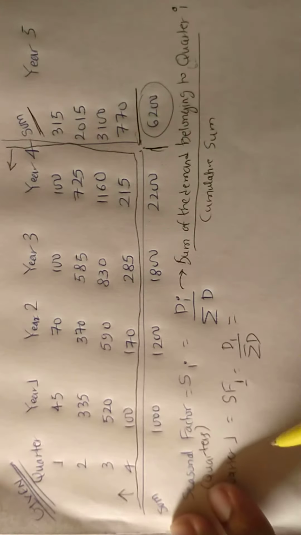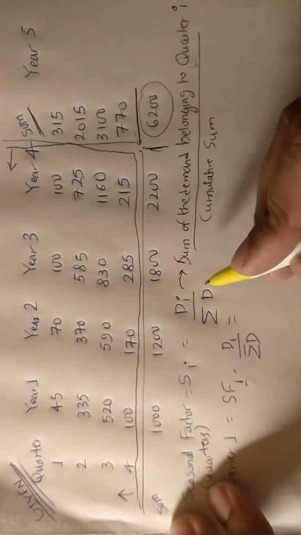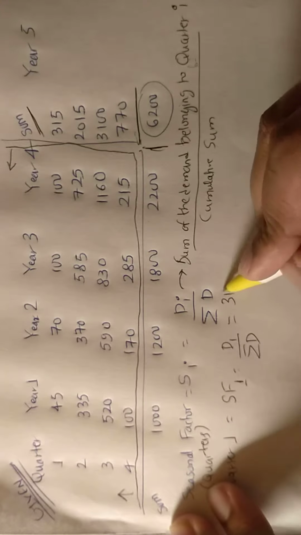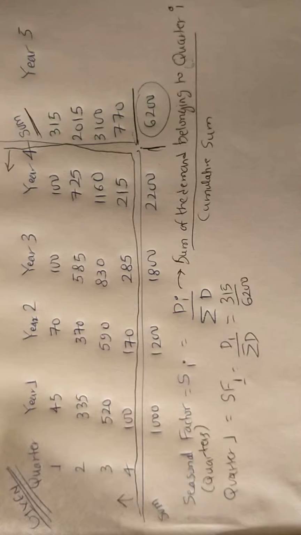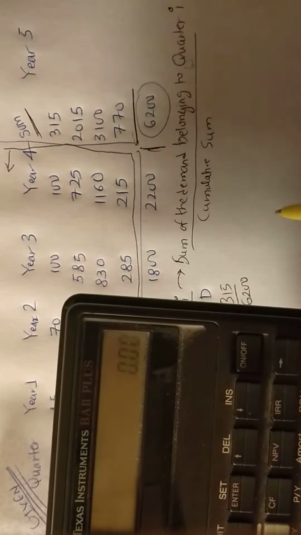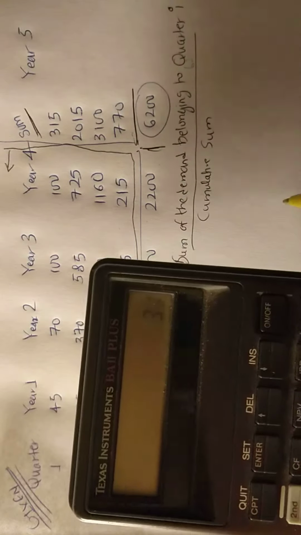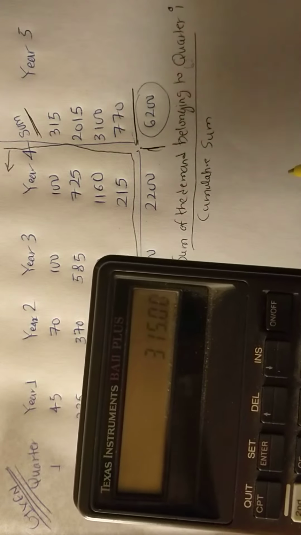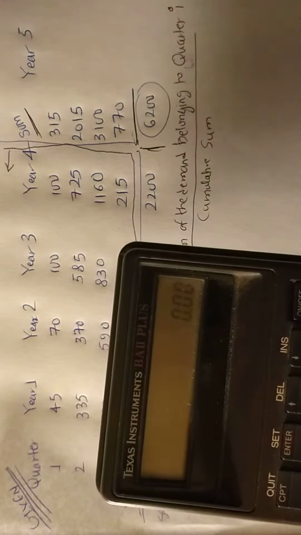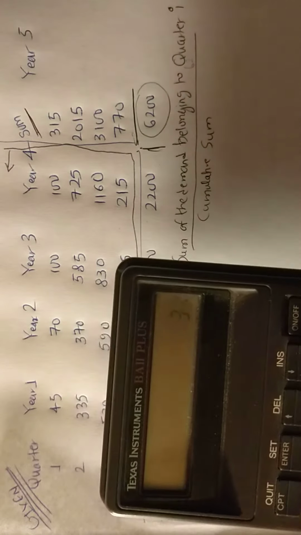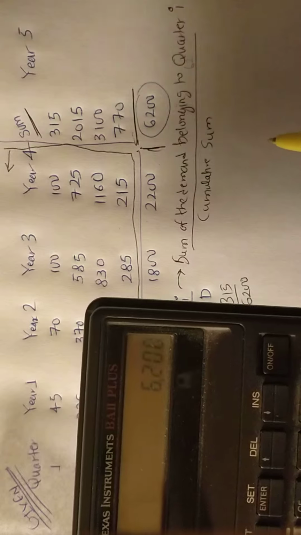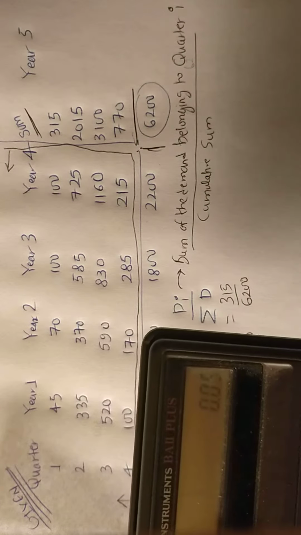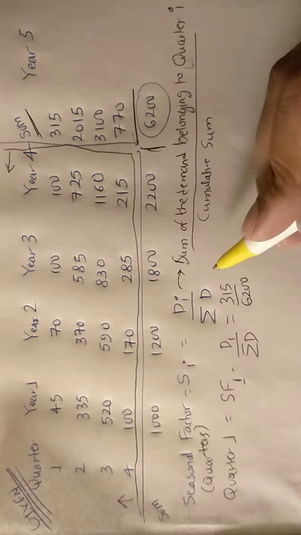So this is equal to 315 over 6200. Using our calculator, 315 divided by 6200 equals 0.05.